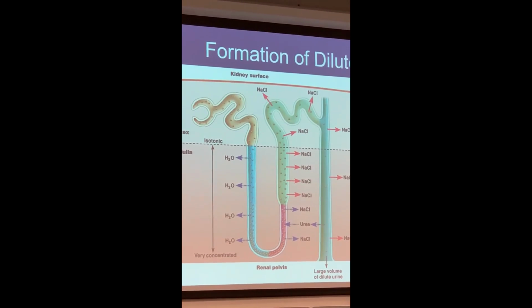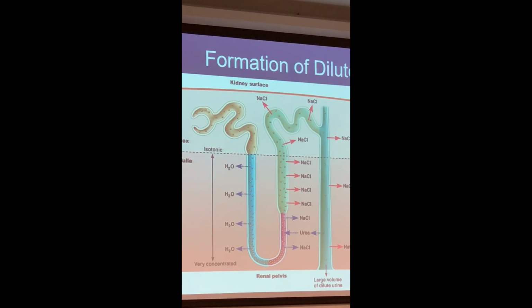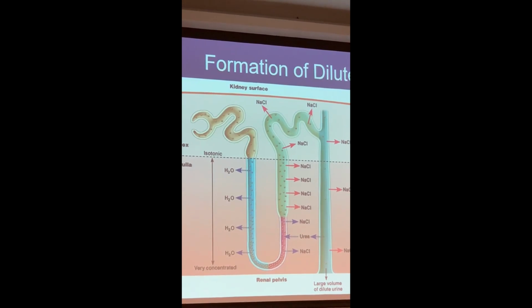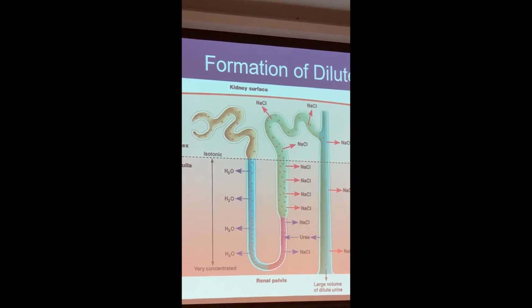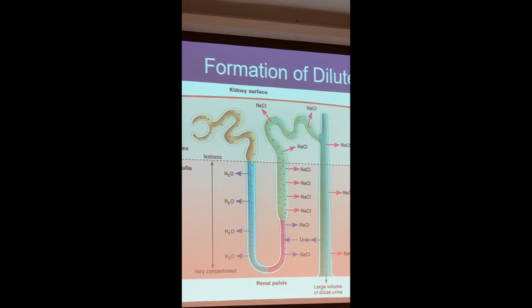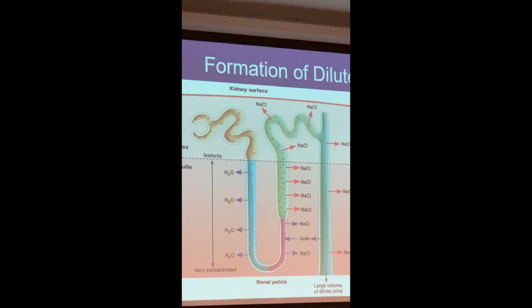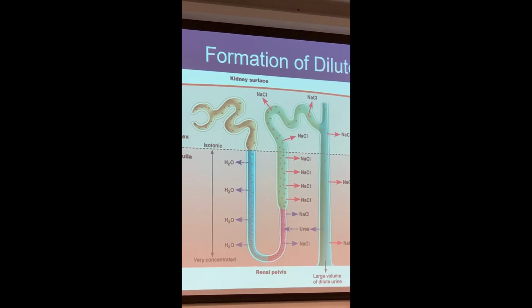Why? Because there is high osmolarity over here, and the water's coming out. So we're reabsorbing quite a bit of water there, and this filtrate is becoming more and more concentrated. And so when we reach the peak, ideally, that filtrate has reached the same level of concentration as that surrounding tissue.